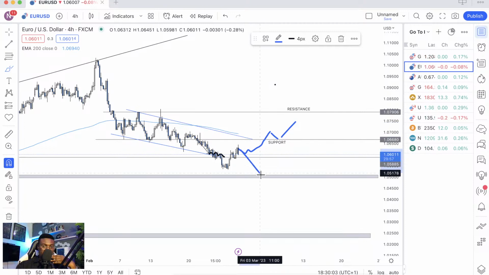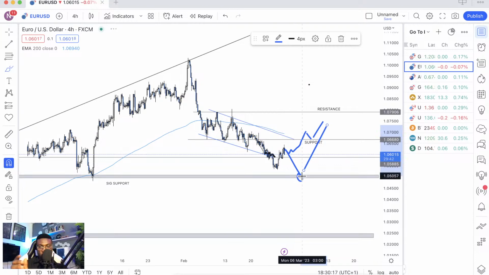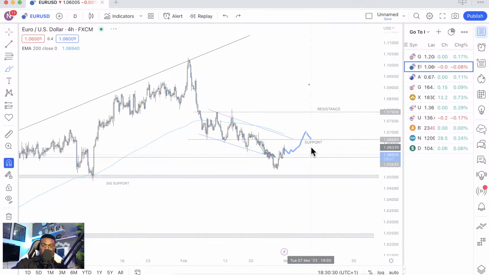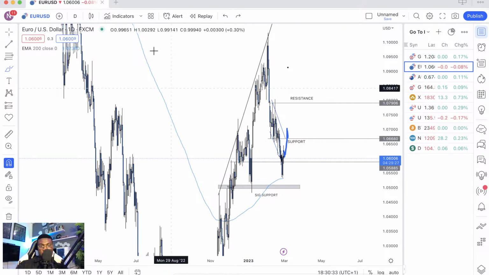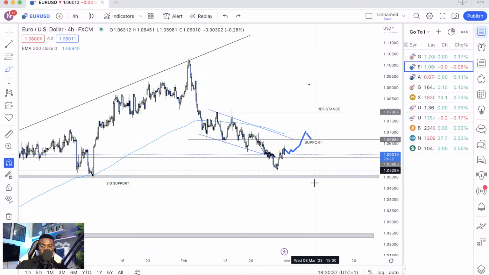But I still expect the euro dollar to show me bullish signs from this 1.05 level, because this is going to serve as the perfect area to look for buy opportunities on the euro dollar market. So that's another thing we can look out for.